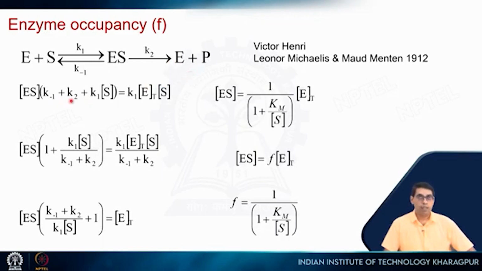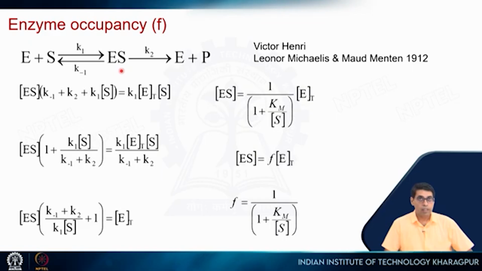So in the derivation of the rate, dP/dt, or the velocity of the reaction, we used steady state kinetics, right? So we assumed that the concentration of the enzyme substrate complex remains constant under steady state condition. Today I am going to discuss a little bit more about what we mean by steady state condition and under what circumstances this condition prevails.